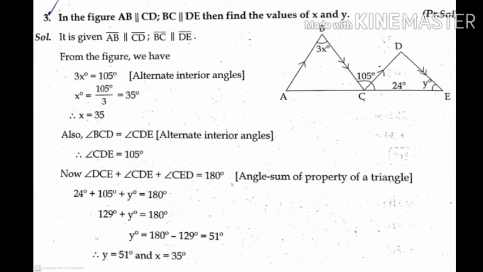Angle DCE value is 24 degree plus angle CDE value is 105 degree plus angle CED is y degree, that is equal to 180 degree. 24 plus 105 is 129 degree plus y degree is equal to 180 degree. Y degree is equal to 180 degree minus 129 degree. After subtracting, we get 51 degree. Therefore, y value is 51 degree and x value is 35 degree.